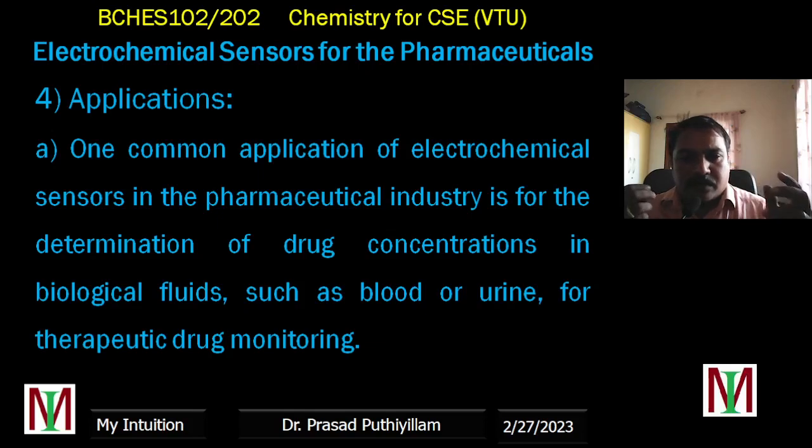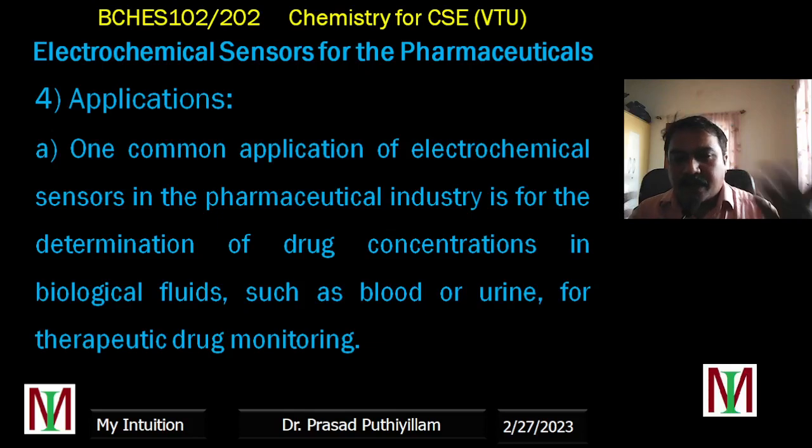So electrochemical sensors are mainly used in the pharmacy industry to measure how much drug is present in biological fluids like blood, and not only blood, even urine is also treated as a biological fluid.